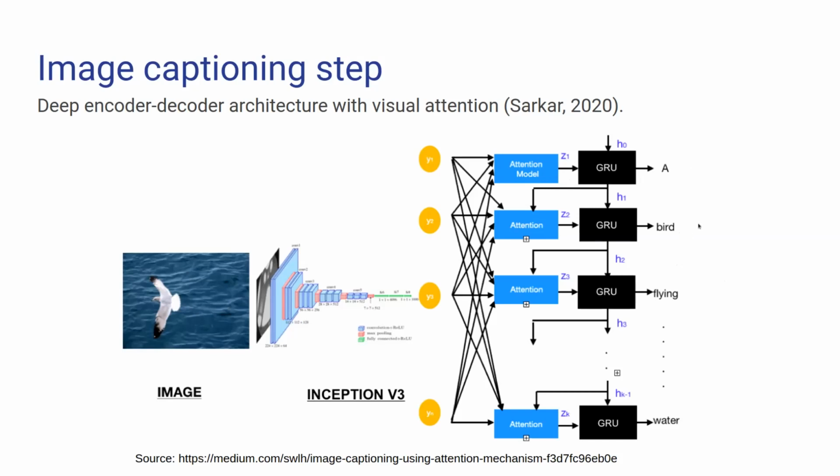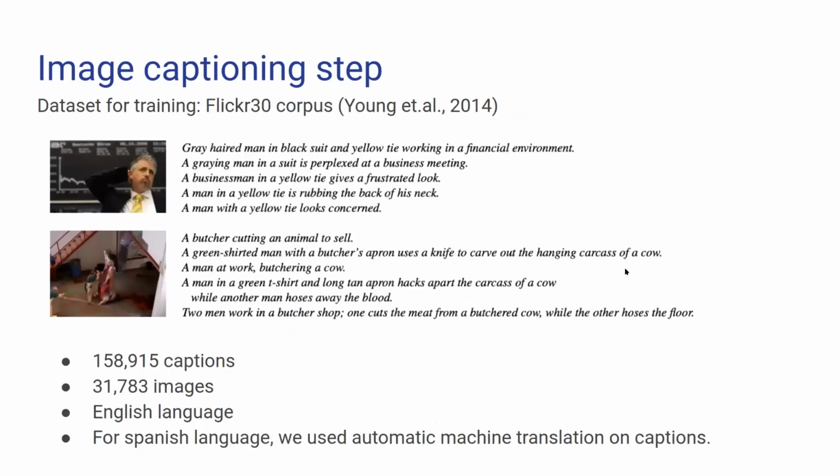And so this is an example of the dataset that we used for training this neural network, which is based on the Flickr corpus, and it consists of a lot of captions related to more than 31,000 images. And this is an example.